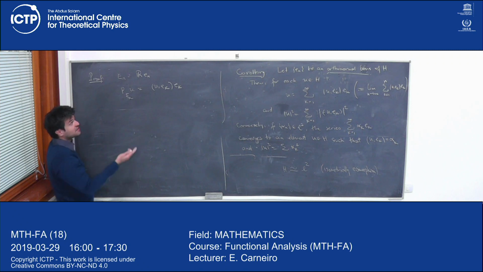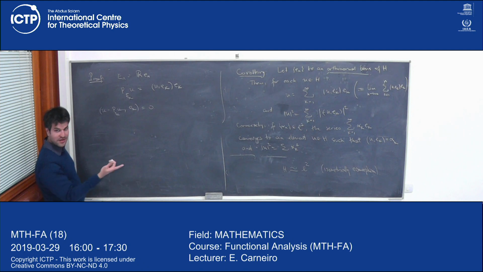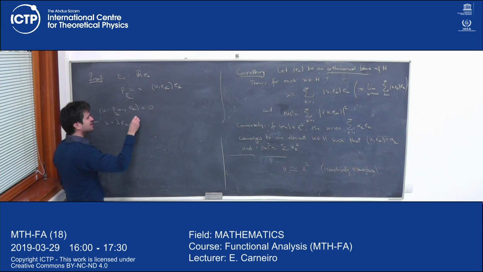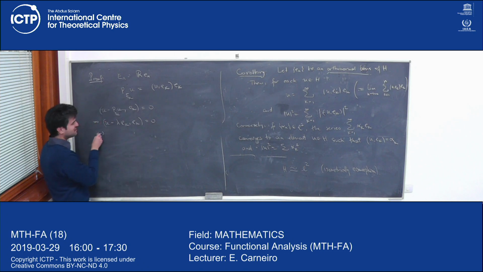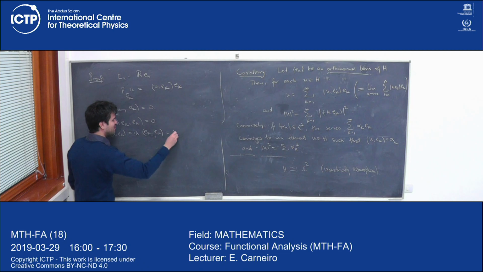Right? If you wanted to verify this, remember, all you have to verify is that u minus the projection of u on E_k has to be orthogonal to every element in this subspace. But this subspace is generated by one vector, so it has to be just 0 if you do the inner product with the generator of the space, e_k. But this is actually true, right? This is u minus lambda e_k, inner product with e_k, which is 0 if and only if lambda is (u, e_k), because (e_k, e_k) is 1.